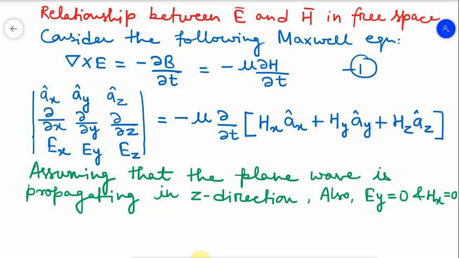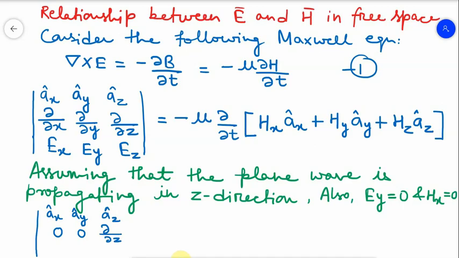Now if we apply these conditions to this expression, how will it change? Here we have ax, ay and az. Now del x is 0, del y is 0, so only we will have del z because the wave is propagating in z direction.